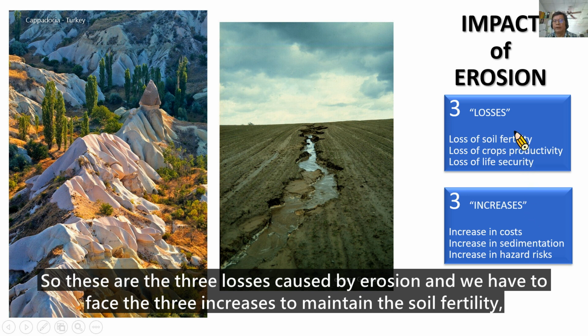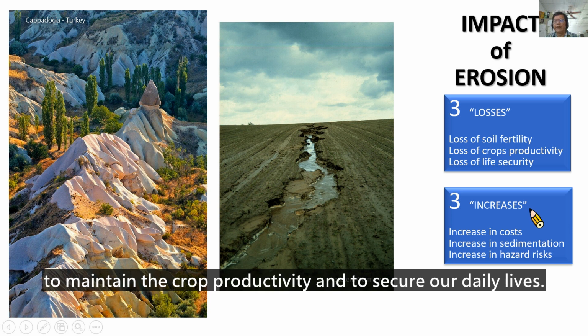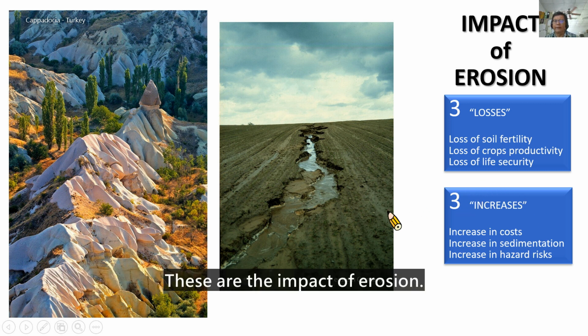So these are the three losses caused by erosion, and we have to face the three increases to maintain the soil fertility, to maintain the crop productivity, and to secure our daily lives. These are the impacts of erosion.